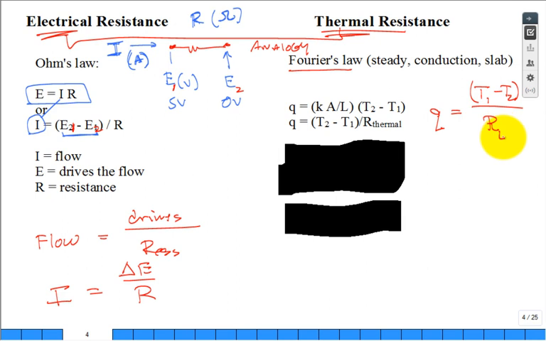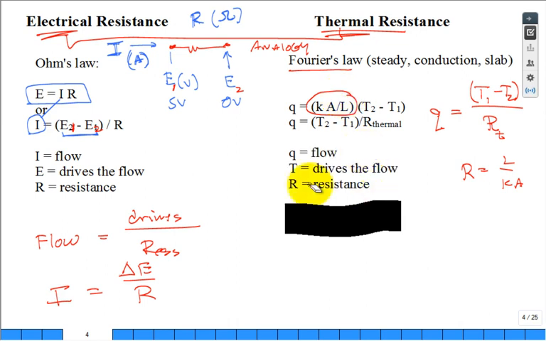That's a thermal resistance. Maybe I add a subscript T to say thermal instead of electrical, or maybe I leave it off because this whole book is about thermal heat transfer. And I just do a little name calling: that is equal to L over kA. I know you have to flip it, but I think you can do the flipping.